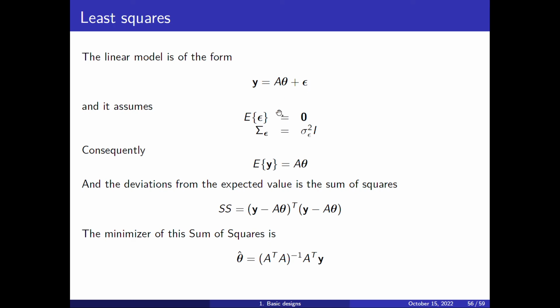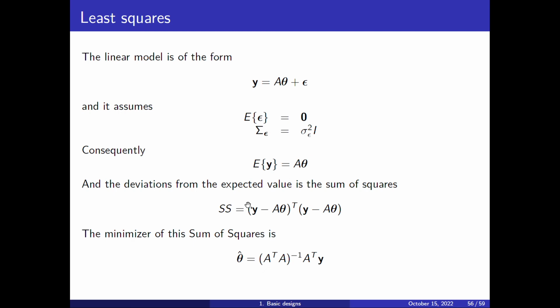And if we assume that the noise has zero mean, so the expectation of the noise is a zero vector, and it has covariance the identity matrix, then the expected value of this is simply A times theta. Theta is the vector of parameters, and because the noise has zero mean, it has disappeared from the expectation.